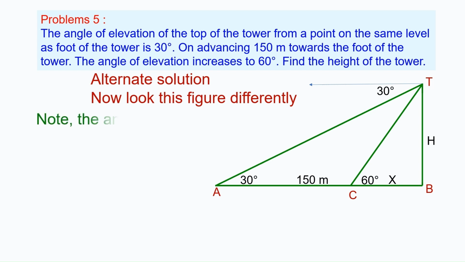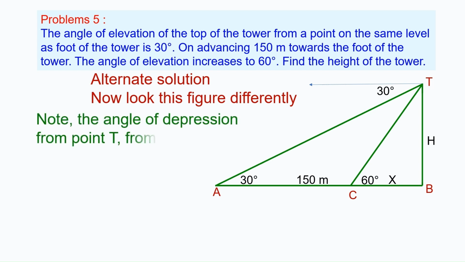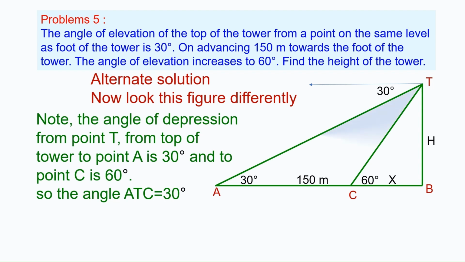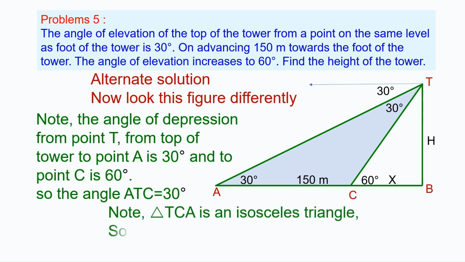Alternate solution. Now look at this figure differently. Note the angle of depression from point T, from the top of the tower, to point A is 30 degrees, and to point C it is 60 degrees. So the angle ATC equals 30 degrees. The triangle TCA is an isosceles triangle, so the sides AC equals CT equals 150 meters.